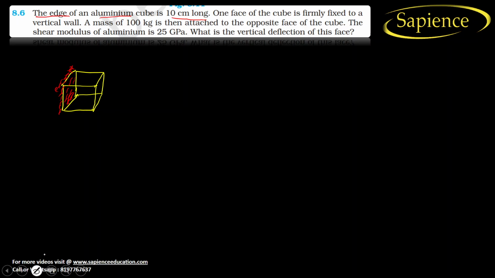Now they are telling that a mass of 100 kg is then attached to the opposite face of the cube. So this is the mass of 100 kg, which means 980 Newton.